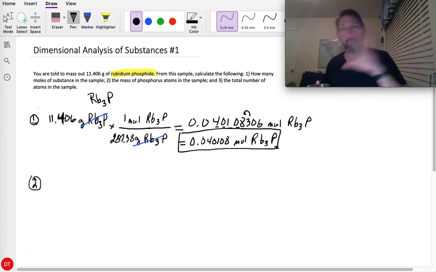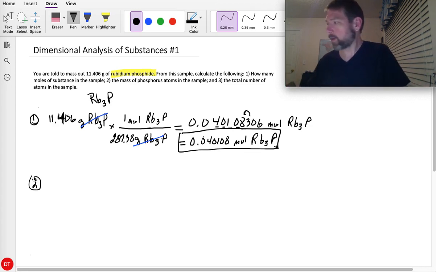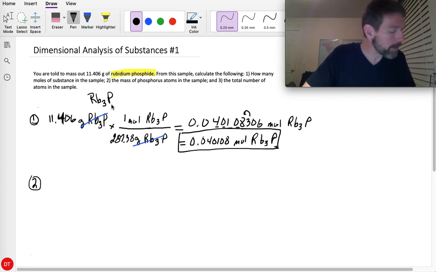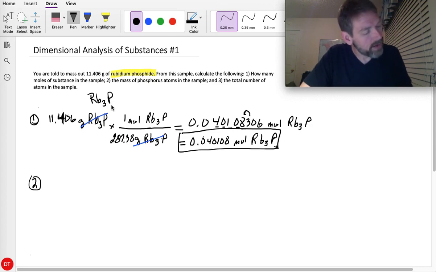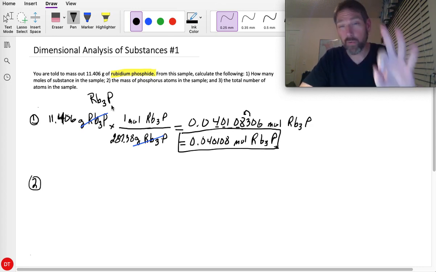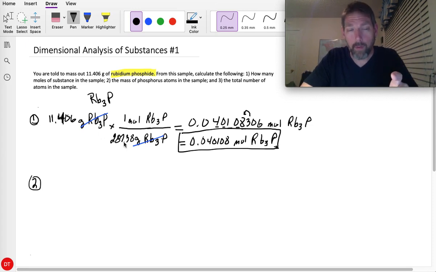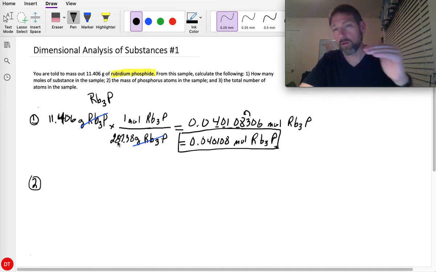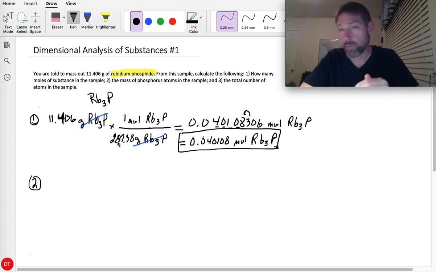It's a different fraction. It is a fraction of the whole. It's a portion of it. But if we were to add up the mass of all the phosphorus and all the rubidium atoms, no matter what our sample size, it has to equal the sample size, right? So we know that looking at this, rubidium, remember, has a mass of 85.47, and there's 3 of those. So the majority of the mass right here is rubidium. Phosphorus, remember, it is 30.97, so a smaller portion, a smaller ratio, a smaller fraction is phosphorus.